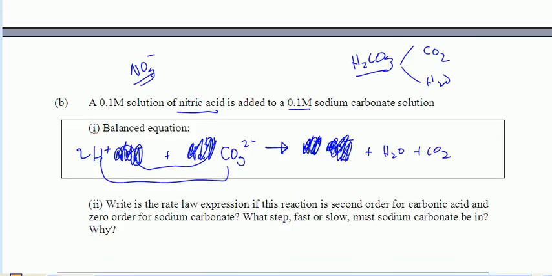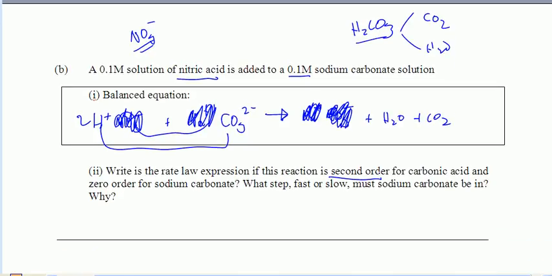Write the rate law expression that is second order for nitric acid and 0 order for sodium carbonate. So rate equals k, nitric acid is basically H plus, and I said it's second order, and it's 0 order for sodium carbonate, so I don't need to show it.